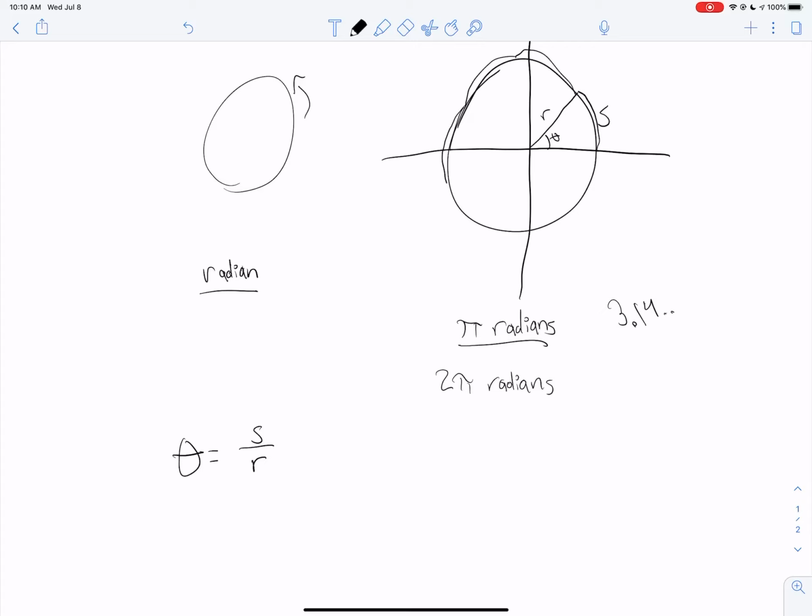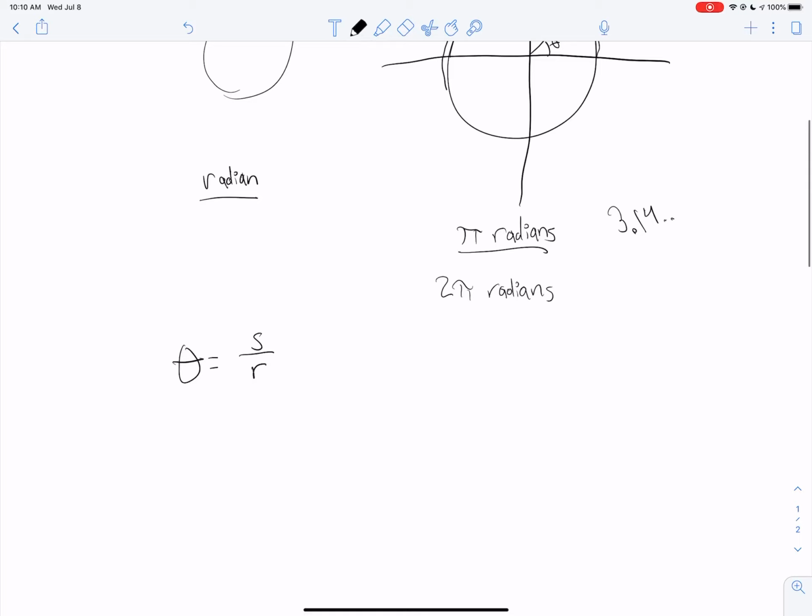Now that we have this, we can start introducing something basic. This will be our change in angular displacement, where we have our final position minus our initial position. This symbol is called theta, a common symbol used for angles.